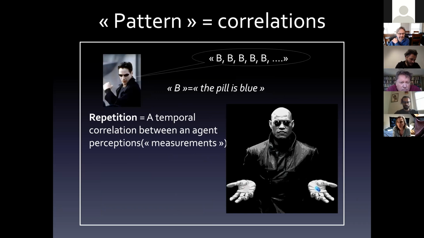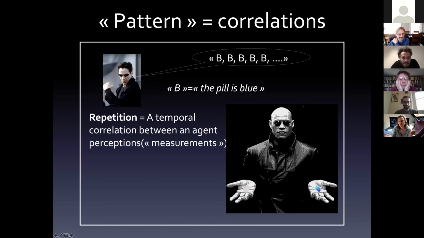Patterns are correlations. And typically, the experiment, so now we can develop a bit on the experiment that Morpheus is doing with Neo. Morpheus has one pill in his hand, but Neo doesn't know if the pill is red or blue. So Morpheus opens his hand, and then Neo sees that the pill is blue.